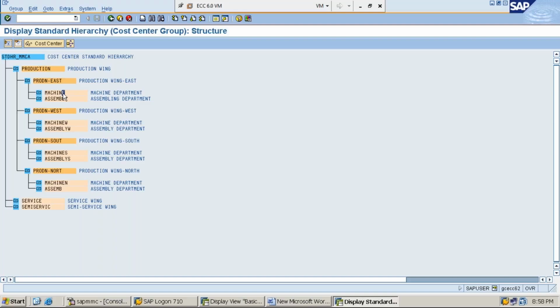But if you observe carefully, where actual activities will take place, where actual work will happen, whether it is at production wing level or production east wing level or machine level or assembly level. Physical work, manufacturing activity or assembling activity, will be done at machine level and assembly level.